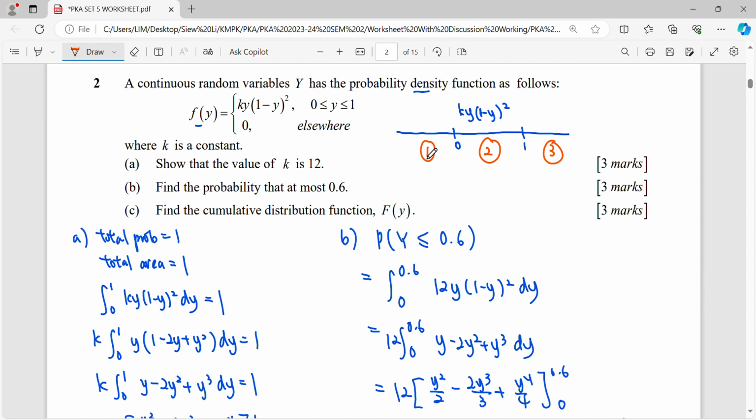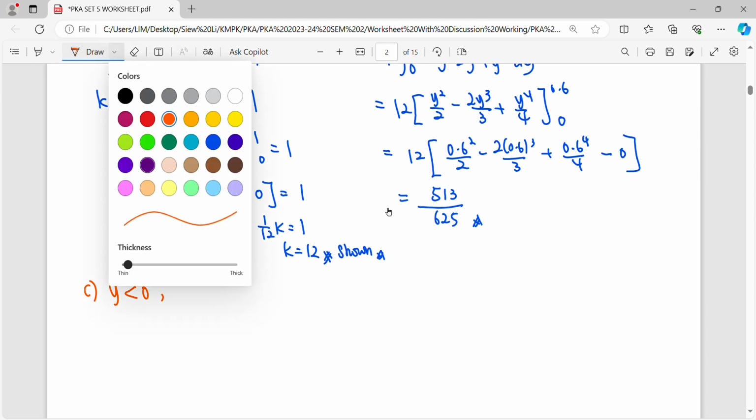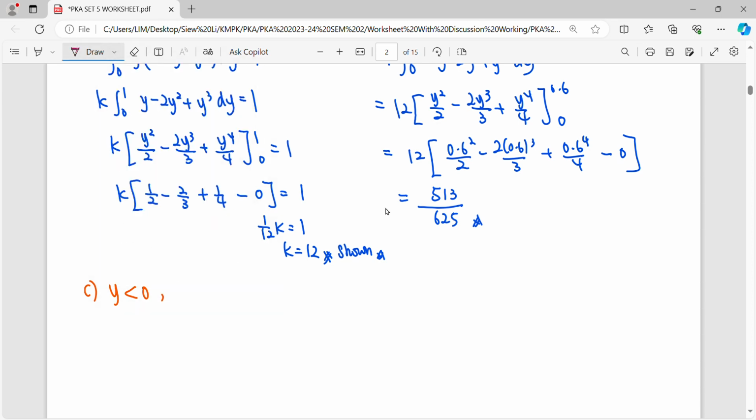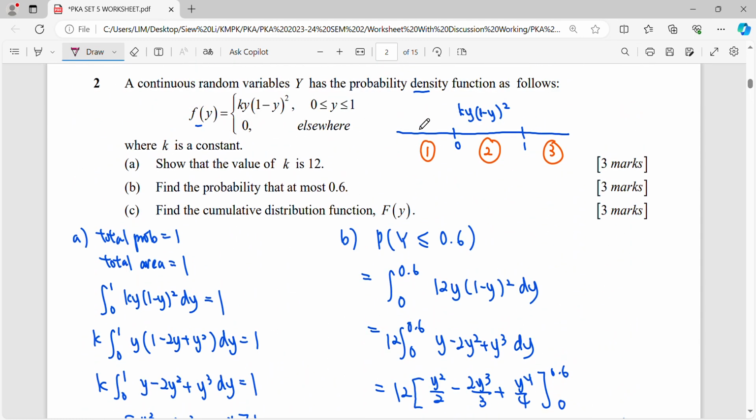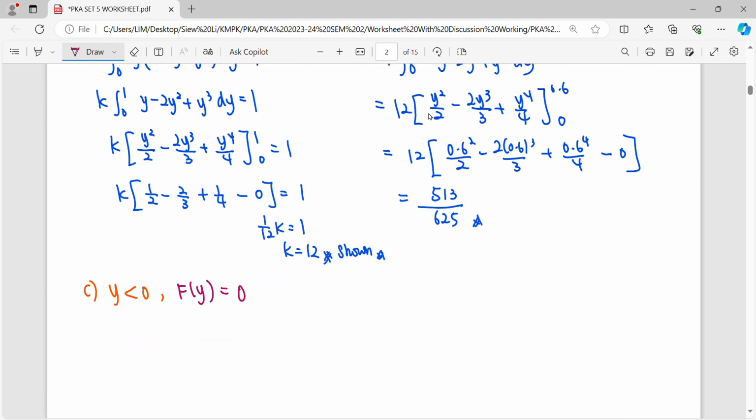So for the first step, which is y before 0, it will be y less than 0, not included. So for F of y here, we can notice we don't have any function to find, we don't have any area to accumulate. So our accumulation, we get 0.